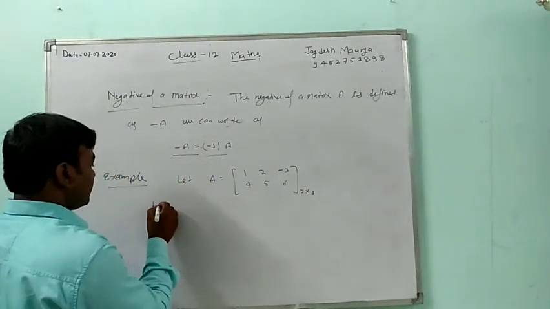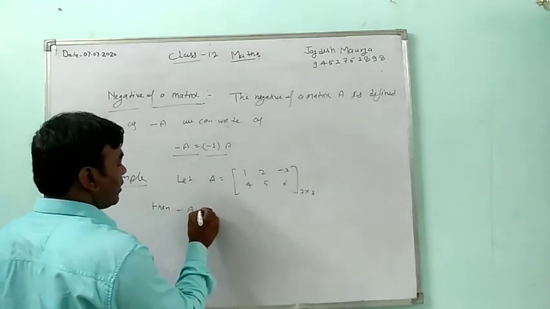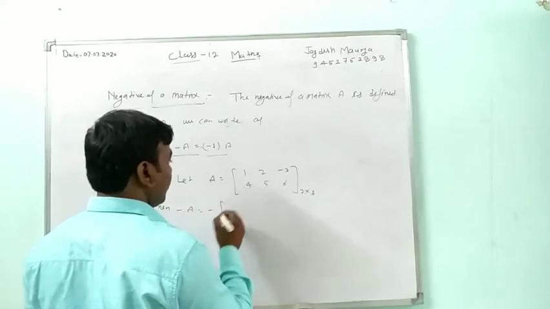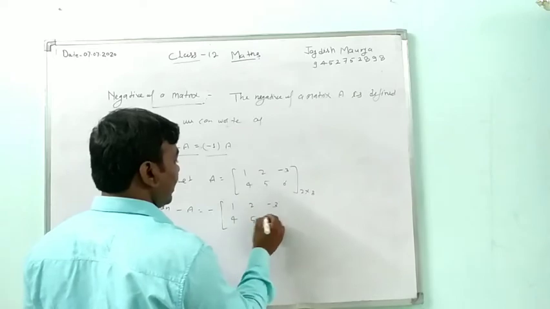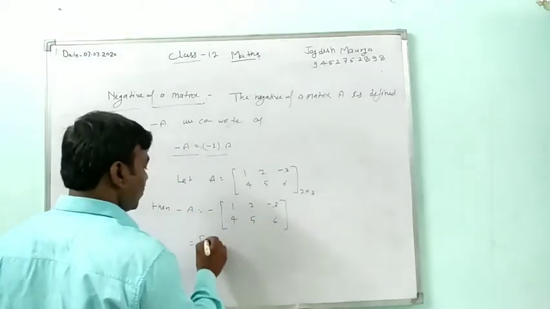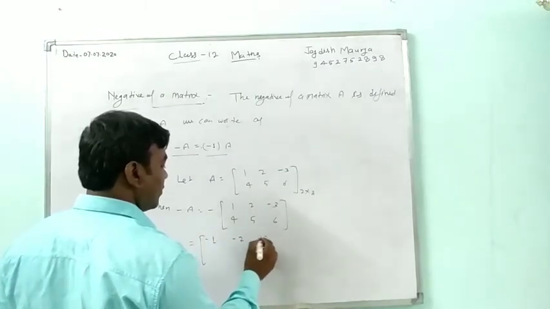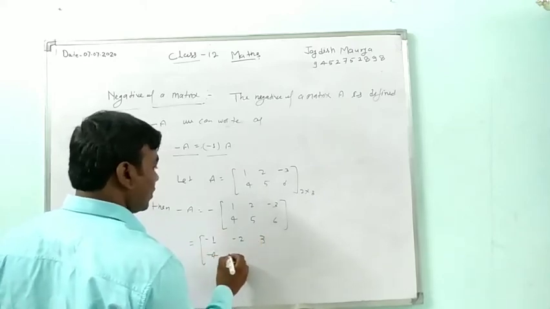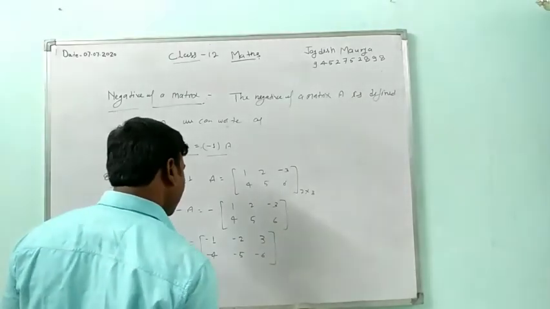Then minus of A equal to minus 1 into 1, 2, minus 3, 4, 5, 6, and this will come minus 1, minus 2, plus 3, minus 4, minus 5, minus 6.